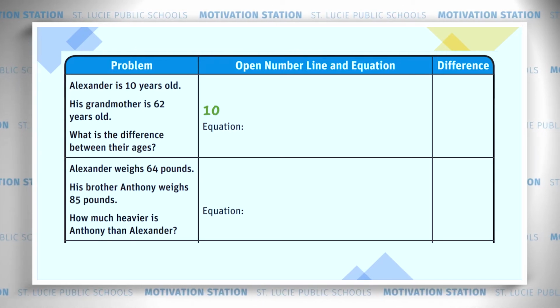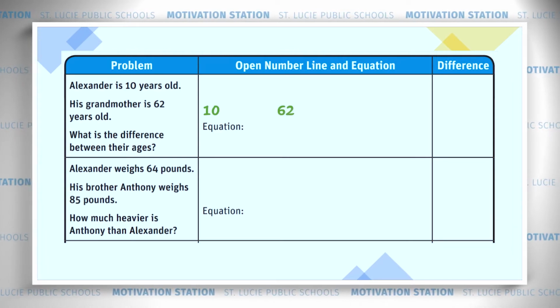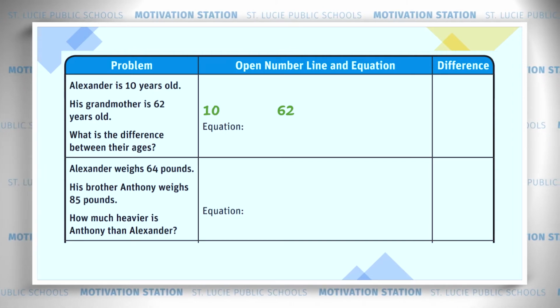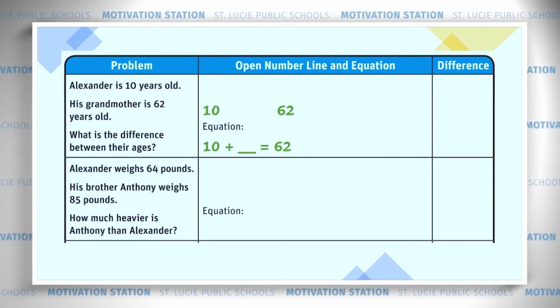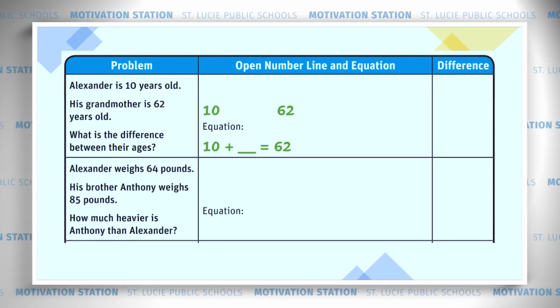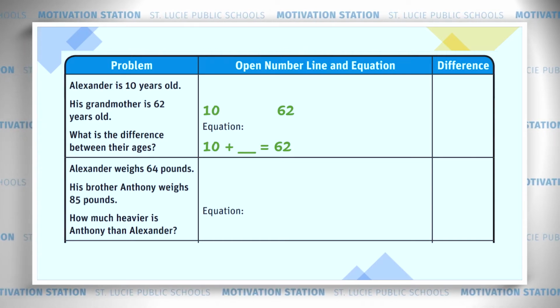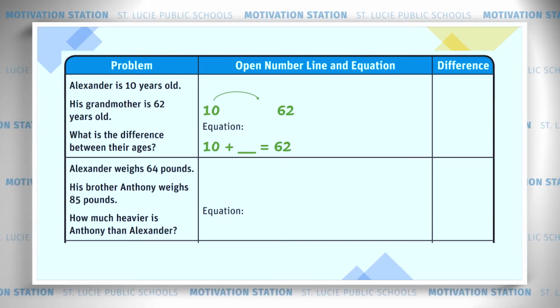For addition, I'm going to start with my low number and then end at my high number, so 10 and 62. Now, I'm being asked to find the difference between the two numbers. So my equation will read 10 plus blank equals 62. We're going to solve for the blank. For this one, I want to make a big jump to get as close as I can to 62.